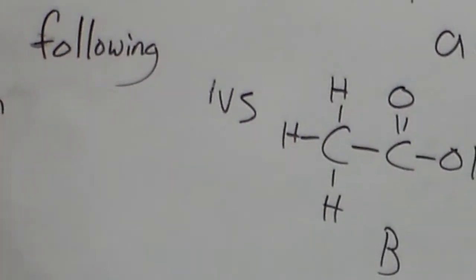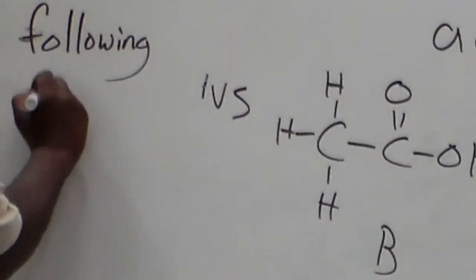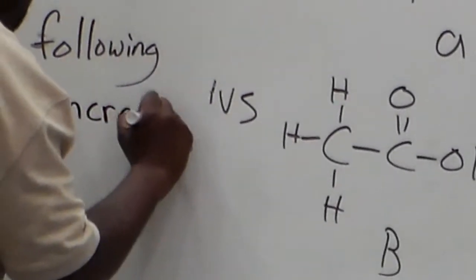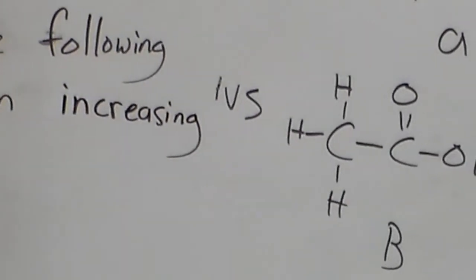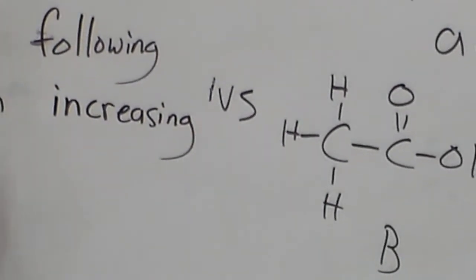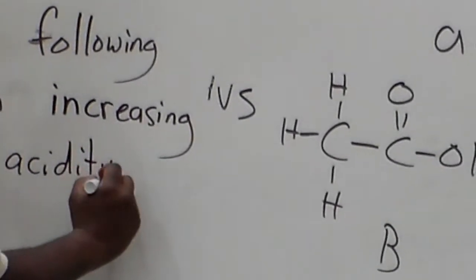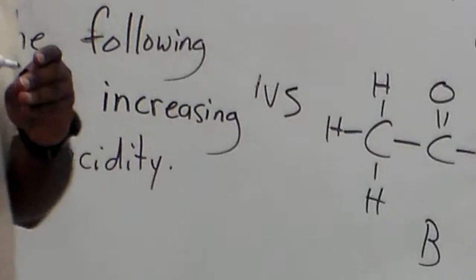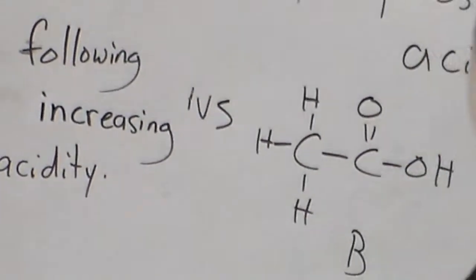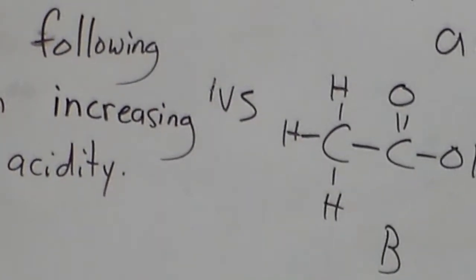In increasing order of acidity. So basically, I'll give you 5 molecules, and you want to arrange them in increasing order of acidity.